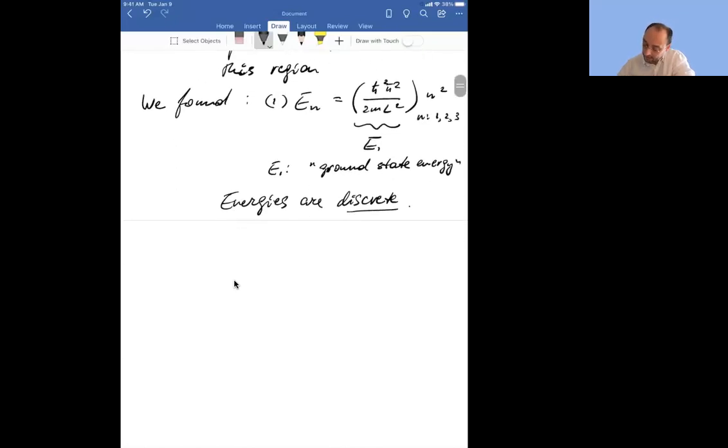We also found the wave functions, the full wave function.